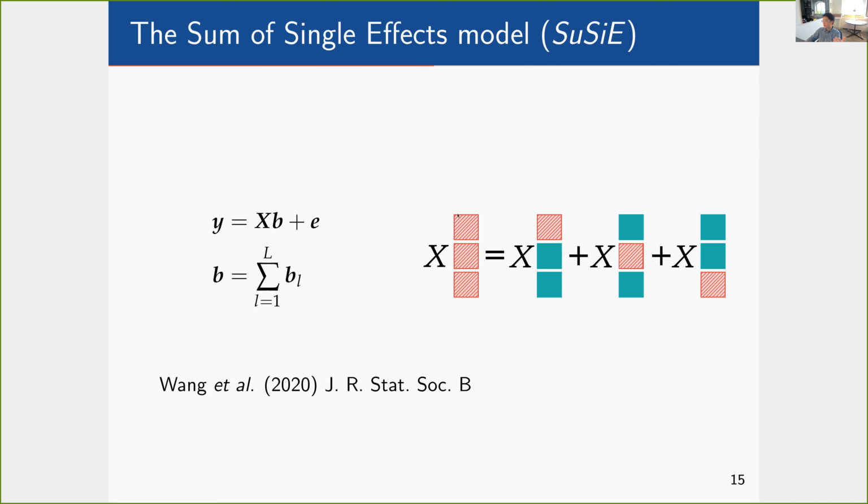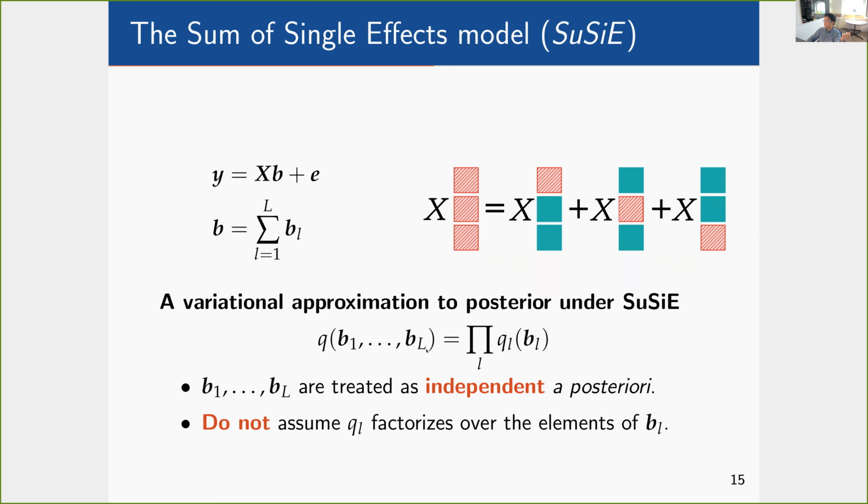And then we fit the model: instead of fitting the effect on the left-hand side, we fit this whole sum of single effects on the right-hand side. And the theoretical justification behind this setup is that this is a variational approximation to evaluating the entire model space. That's what the left-hand side refers to, all the possible combinations of configurations that I showed previously.